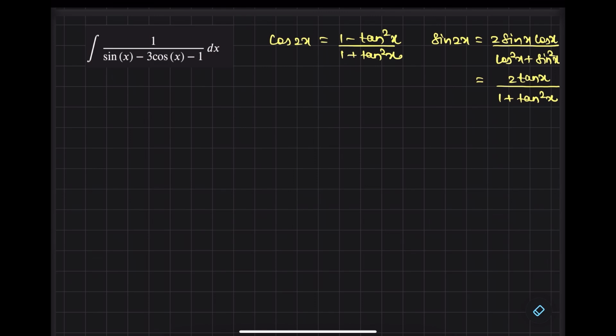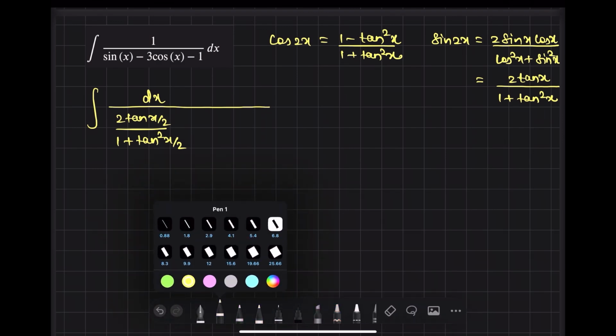So we will be having dx by, look at this, sin x will become 2 tan x by 2 upon 1 plus tan square x by 2. Now I will be using cos.